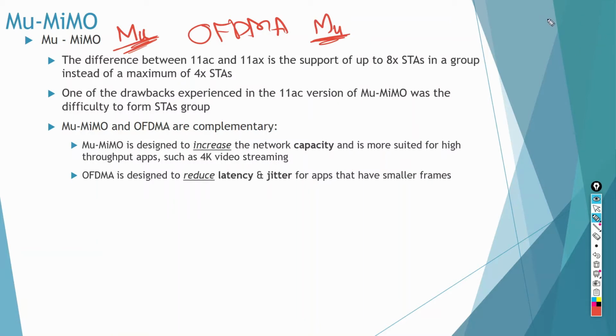Why? Because in a cell, we might have mobile devices running bandwidth-greedy applications, whereas another mobile device runs, let's say, a VoIP or real-time application, which requires lower delay and jitter. So based on the traffic type, I can use the technology that was designed for it.